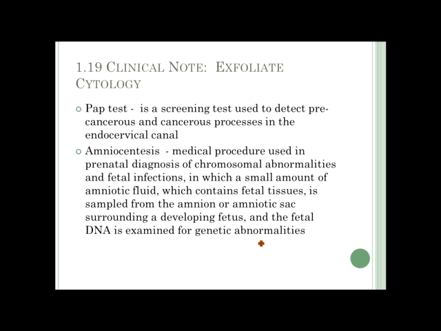And the next thing that we talk about as far as this is amniocentesis. It is a medical procedure used as a prenatal diagnosis of chromosomal abnormalities and fetal infections, in which a small amount of amniotic fluid, which contains fetal tissues, is sampled from the amnion or the amniotic sac surrounding a developing fetus, and the fetal DNA is examined for genetic abnormalities.